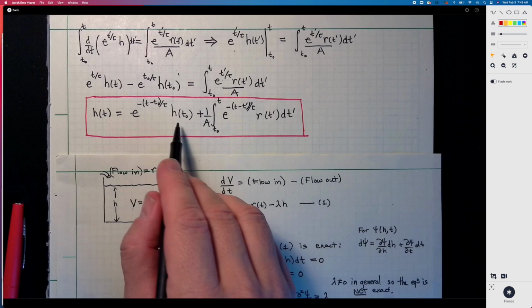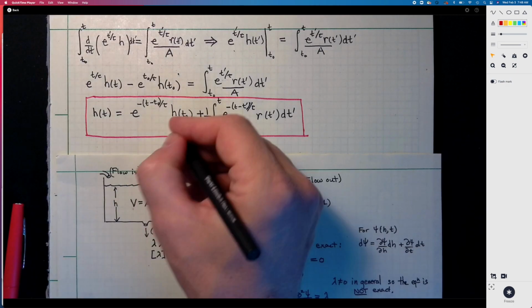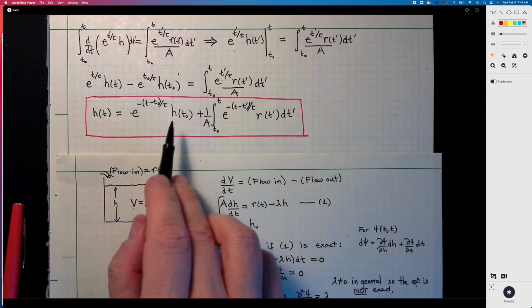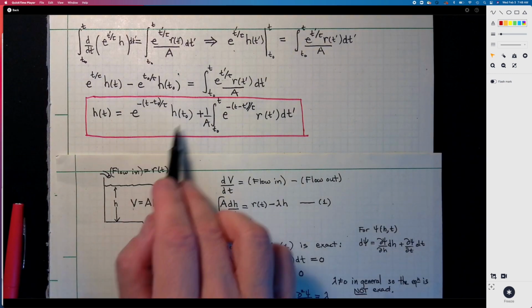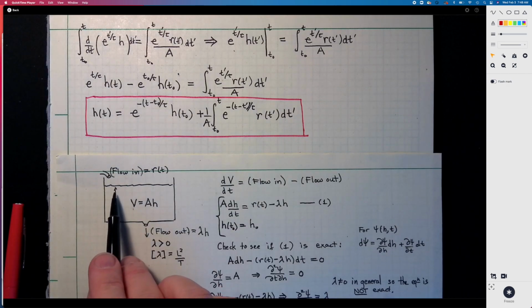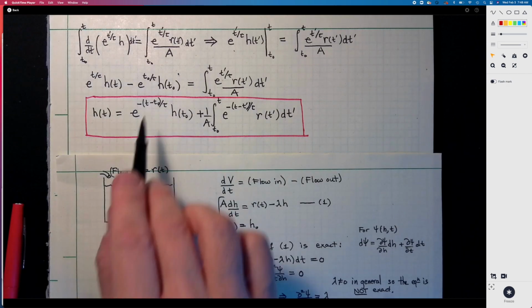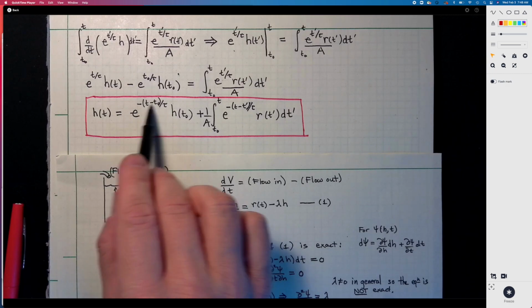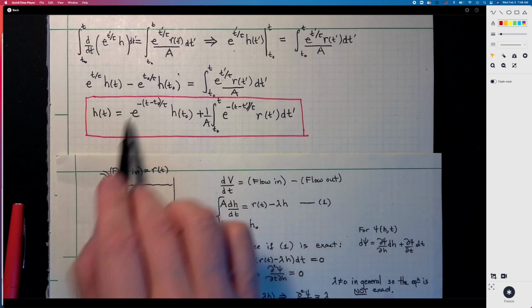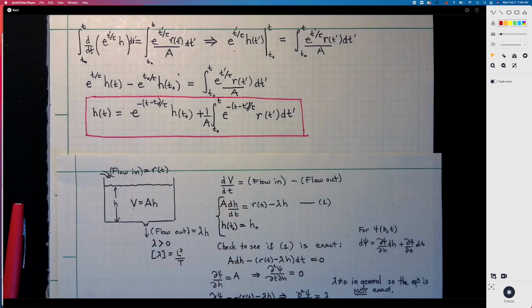Oh, and this I know, this is h naught, right? So I could have replaced this by just h naught. And so the height at time t naught starts at h naught, and then the water level just decreases exponentially starting from the time t naught. So the bigger the time interval from t naught to t, the more the level has dropped.